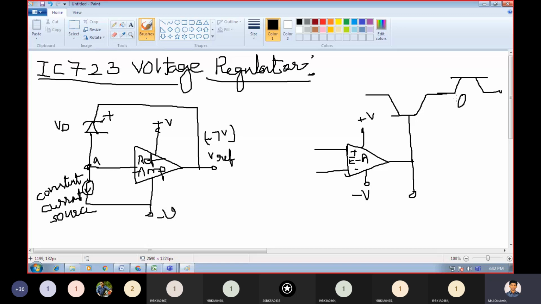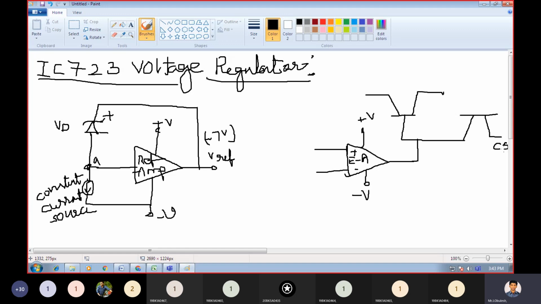This is the Q2, Q1 emitter. Sorry. This is the CS, Q2, CL.